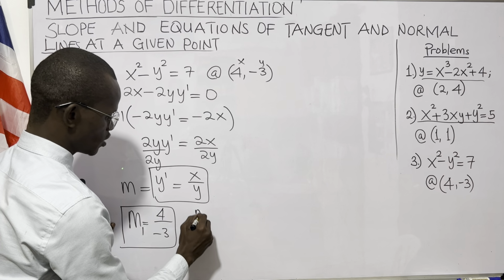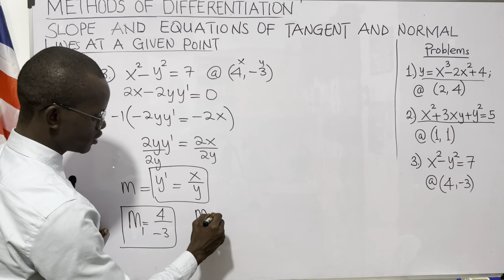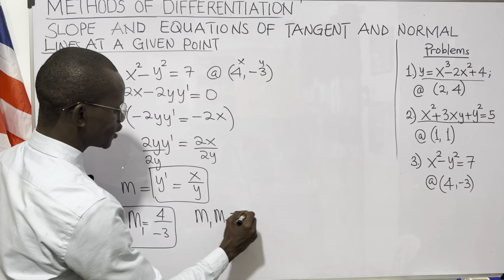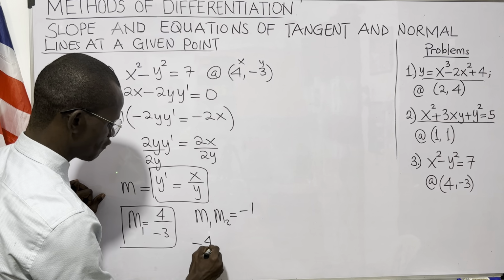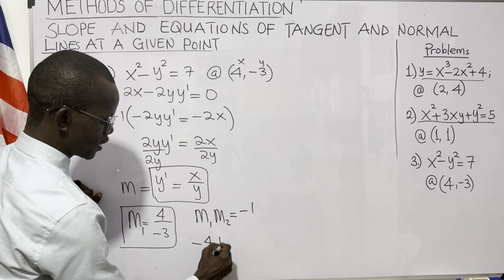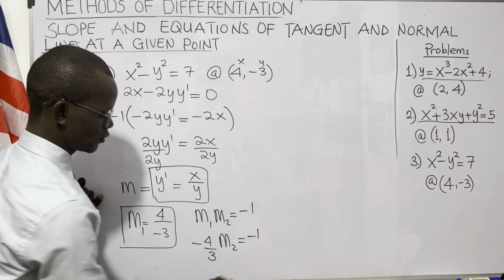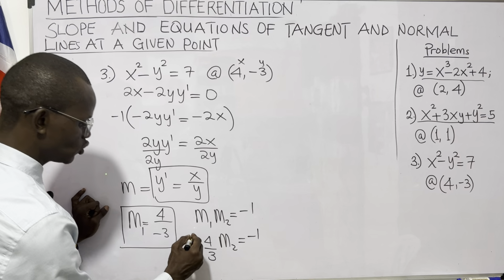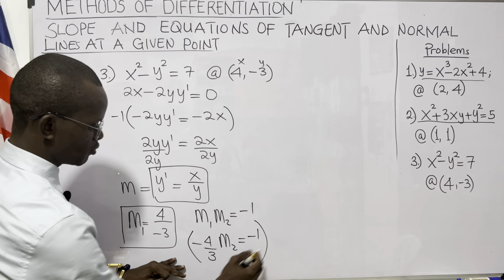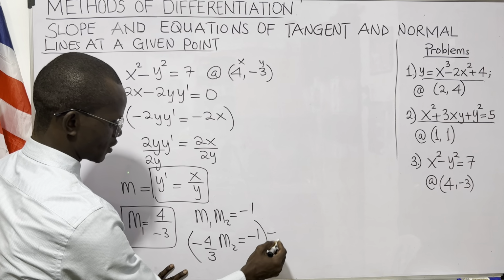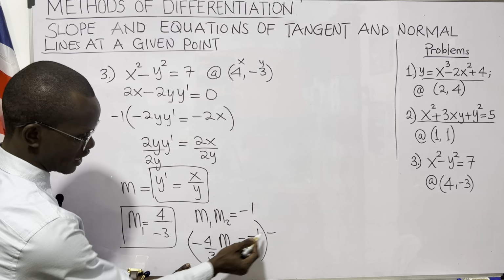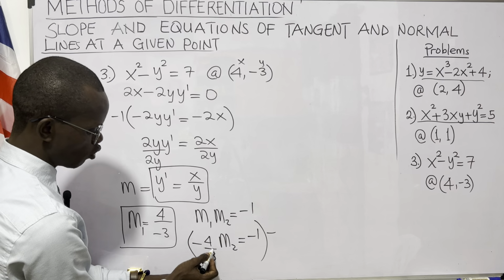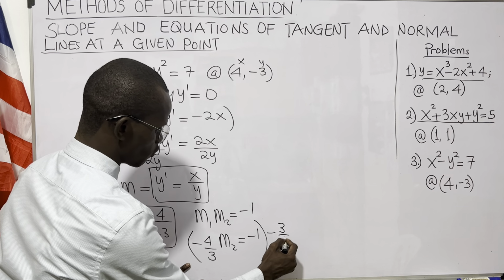We know that when two lines are perpendicular, m1 times m2 is equal to minus 1. So if m1 is minus 4 over 3 times m2, we can solve for m2. To get rid of this negative, we attach a negative. To get rid of 4 over 3, we multiply by 3 over 4.